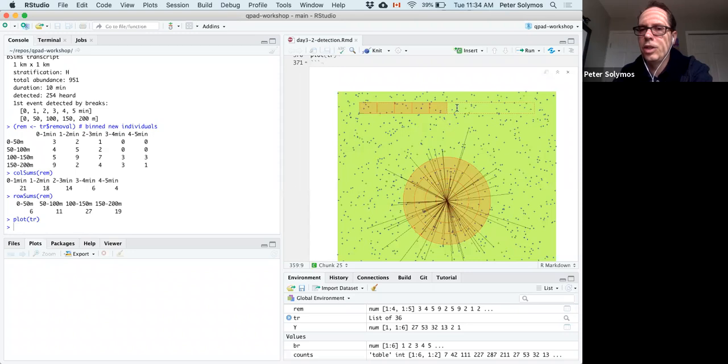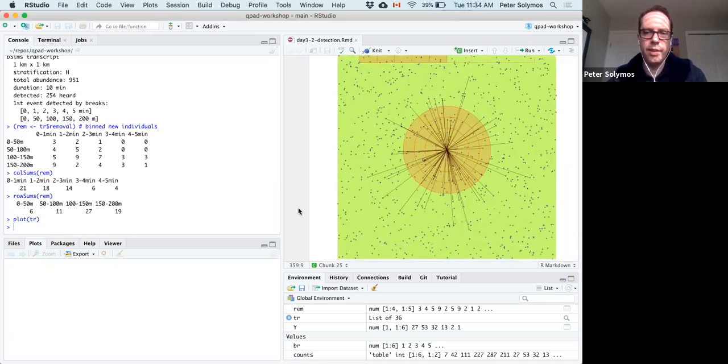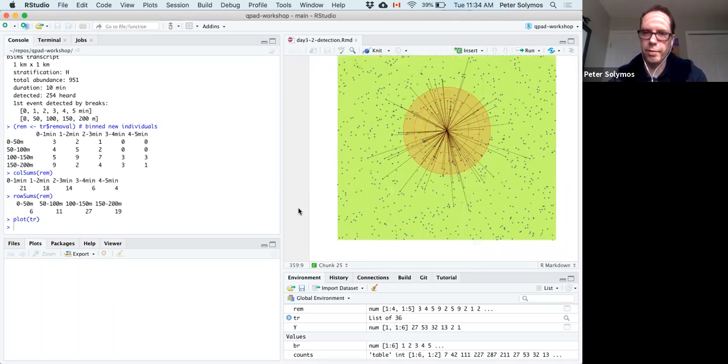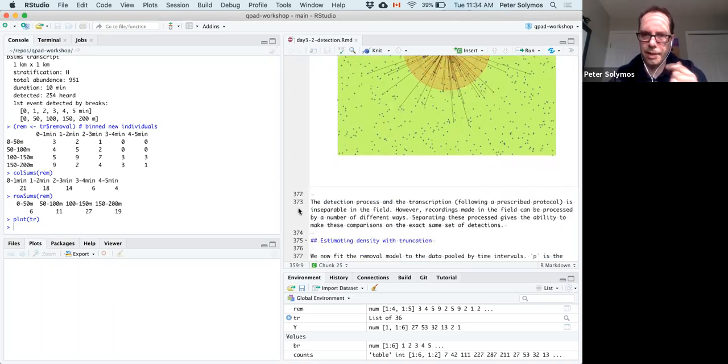So you could change this and say, what happens if I only count to 3? What happens if I count to 8? And then also changing the distance bins, 50, 100, and nothing else, or everything beyond. So this is just a visual representation of the kind of sampling protocol that we put on top of the simulated landscape.